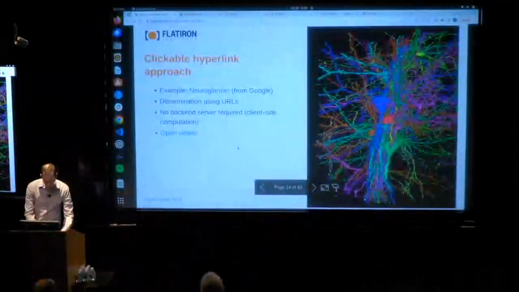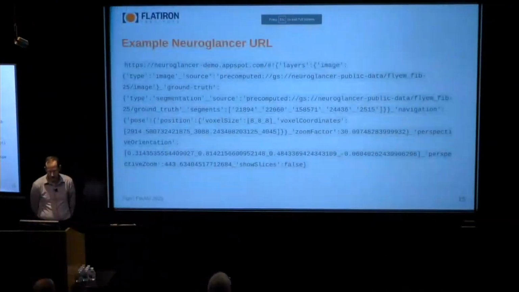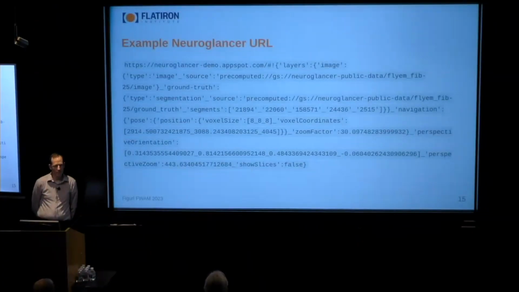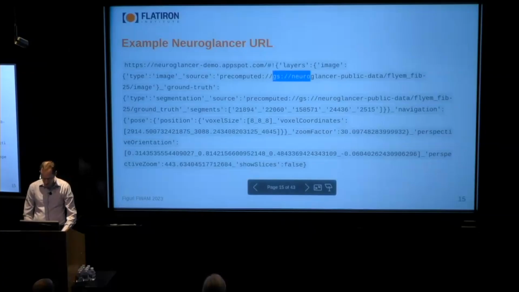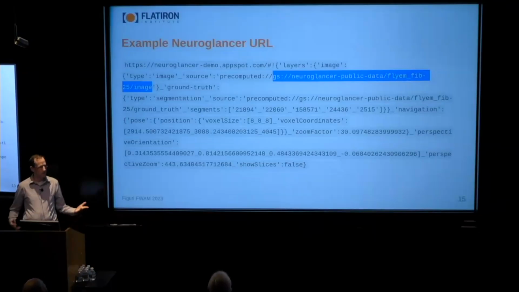So if I look at the URL that I'm sharing with somebody, it's pretty cool. It's got all this information in it, right? Including the path on a Google storage bucket of where the data is. So it's very straightforward. It's like, here's the data, here's the view that I'm looking at, all these parameters.